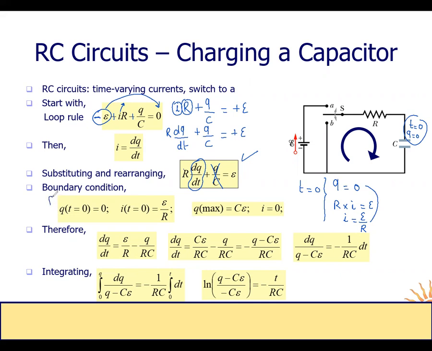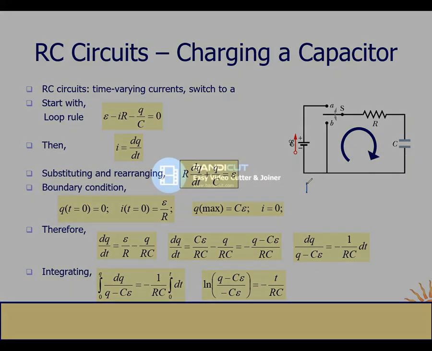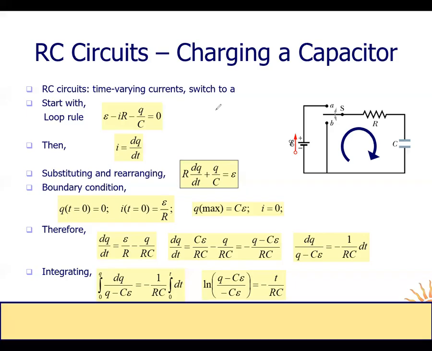Okay, the first condition. The second condition: now I take the condition at time t where the capacitor is full. So we have a maximum quantity of charge at the capacitor.